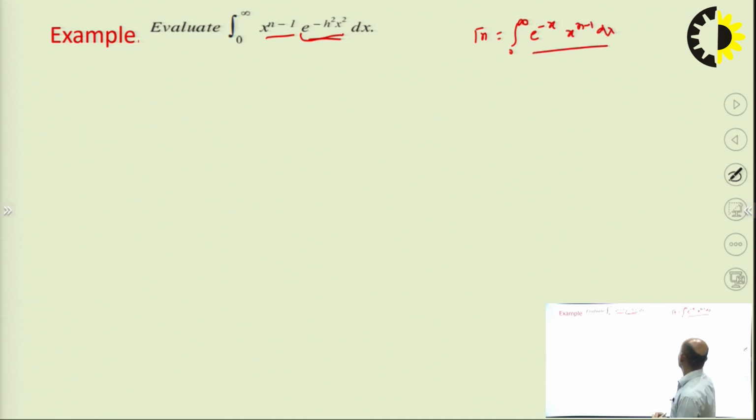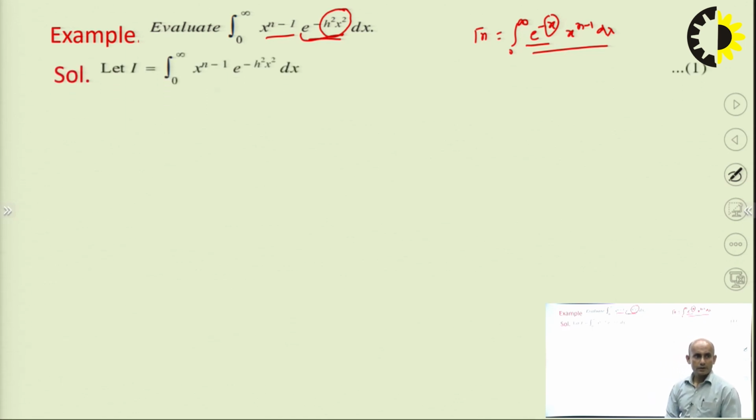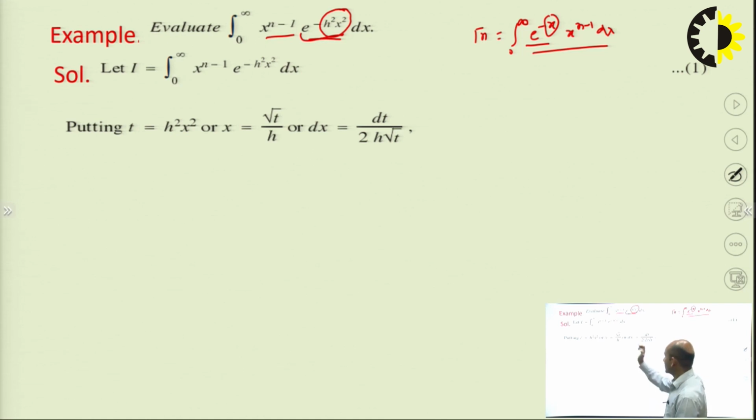So first we have to convert this exponential term into x, or t or another variable, but it should be a linear function. So first we assume h square x square as another variable, which is t. So h square x square equals t. So we have x square equals t upon h square, or x equals root t upon h.